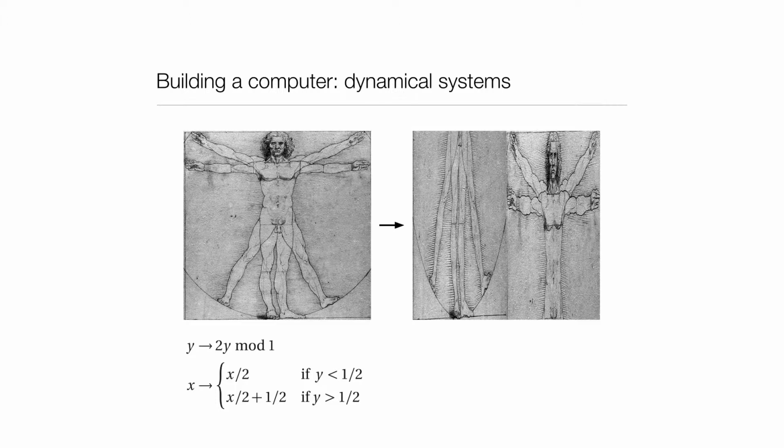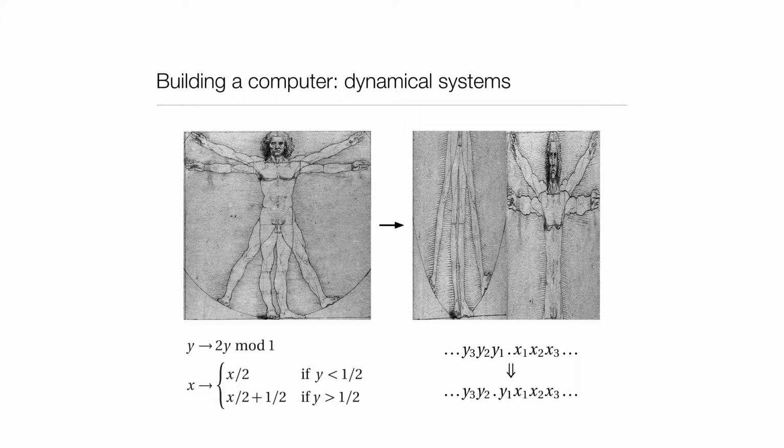Now, let's do something kind of cute to the binary digit sequences of the x and y coordinates. So I'm going to take that decimal point, or binary point, and write the x coordinate over here: the halves digit, the quarters digit, the eighths digit, and so on.